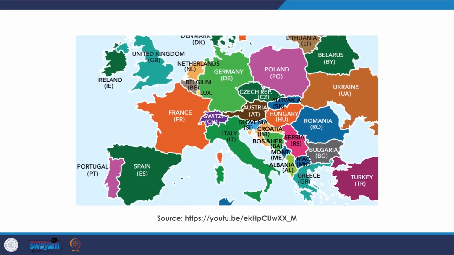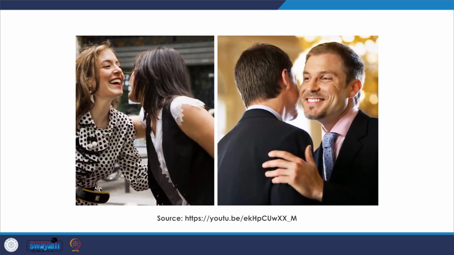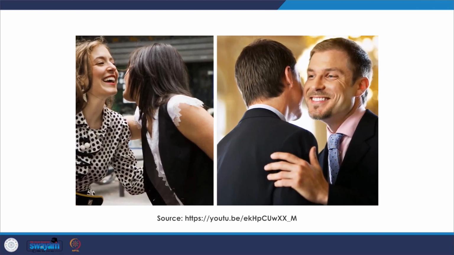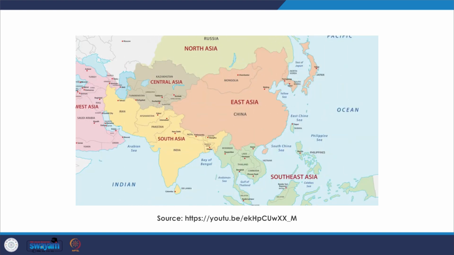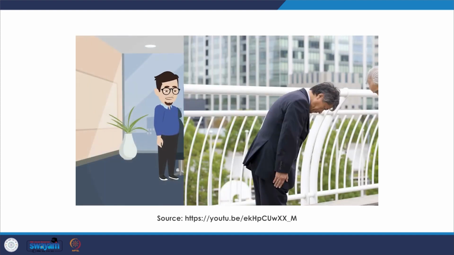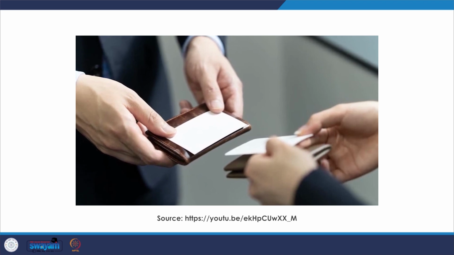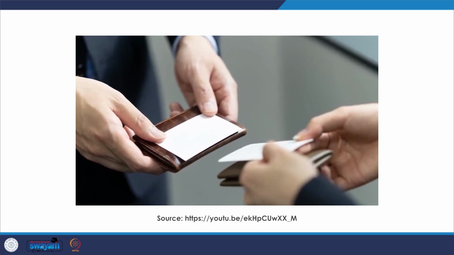In most European countries, a kiss, or two, or sometimes even three, on the cheek is the norm, regardless of familiarity. On the other side of the world, most Asian countries are known for their formal greetings, a handshake, a nod, or a bow, and in most company meetings, a very specific way of exchanging and handling a business card.